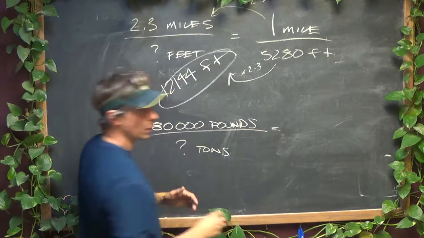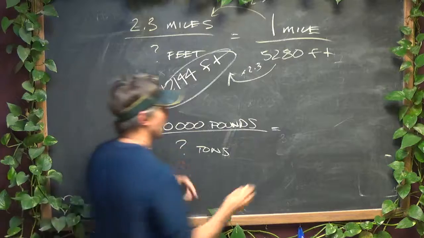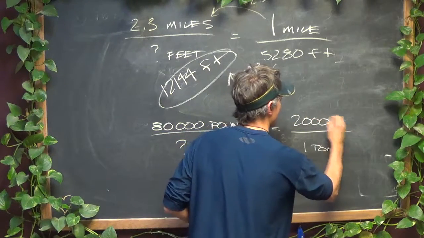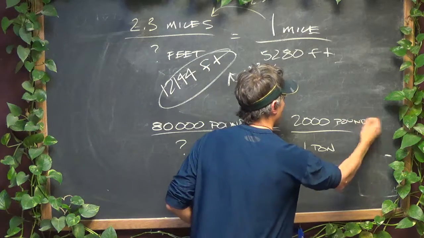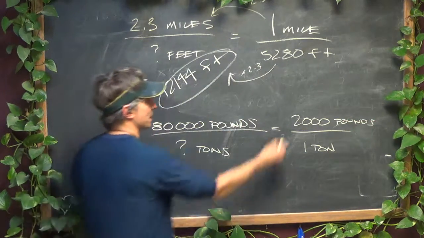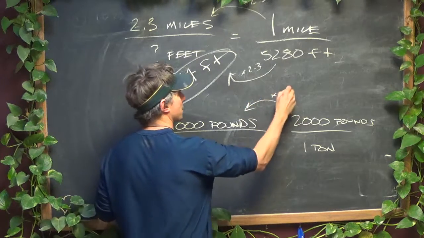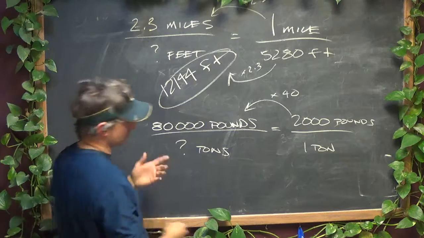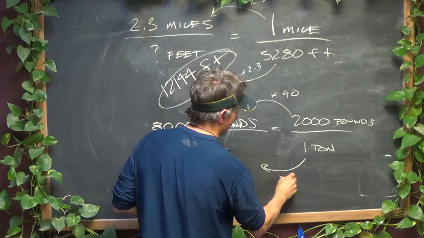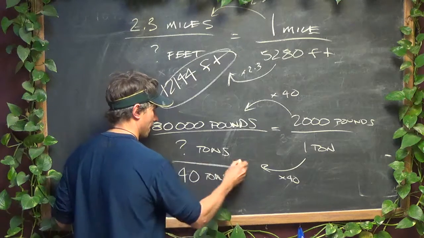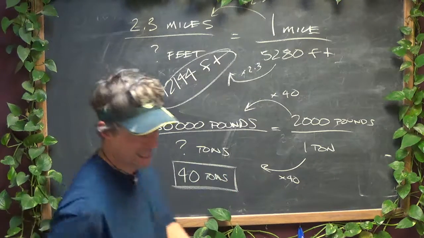And again, this requires a little bit of online research. 1 ton is 2,000 pounds. So all you've got to do is figure out how to get from 2,000 to 80,000. And I believe, if I'm doing the math right, that's times 40. Yeah, 3 zeros, 4 zeros, times 40. So that means 1 ton times 40 is going to be 40 tons. So there you go, 40 tons.